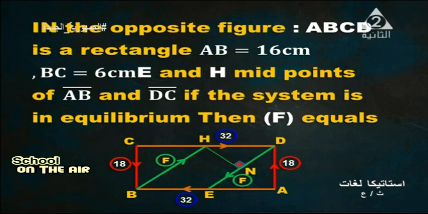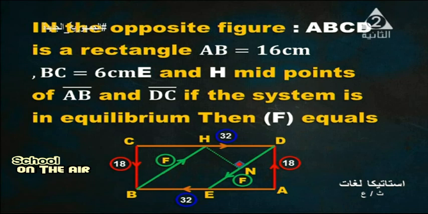The first couple, 32 and 32, two forces, the distance between them AD is 6 centimeters. Also, we have two forces, 18 and 18, which act at CB and AD. The distance between them equals 16 centimeters. Remember, the couple has direction.